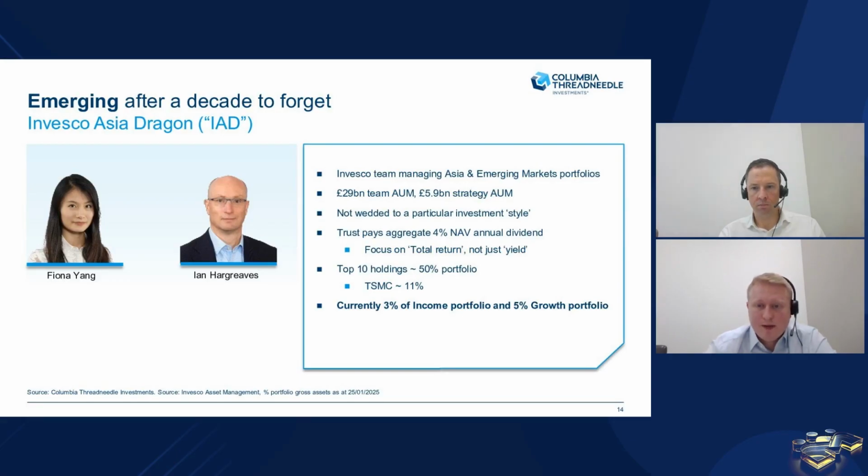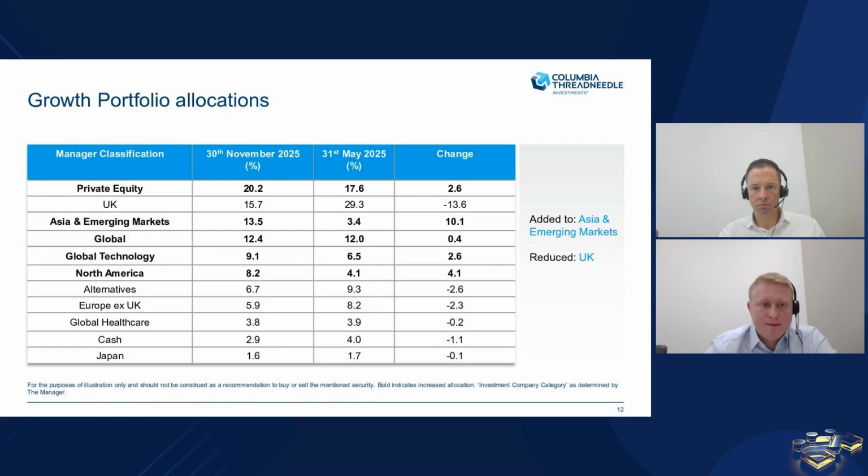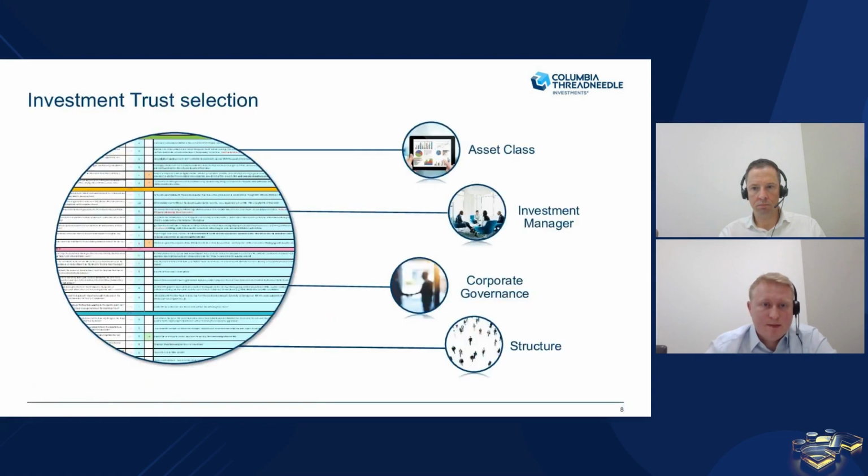If I just go back to our investment company or investment trust selection. So corporate governance is a major part of our investment company selection. That's looking at board behavior, ownership, capital allocation policies, etc. And activism, in its broadest term, has been helping corporate governance improvements for the best part of a decade.